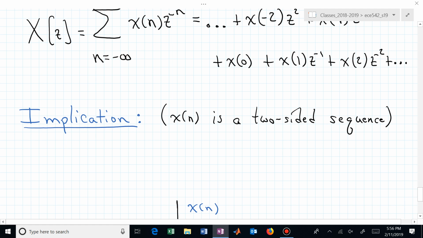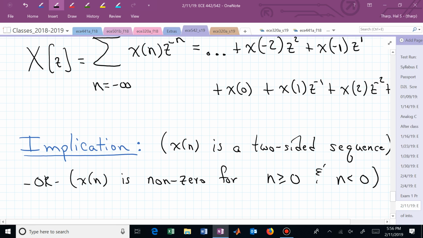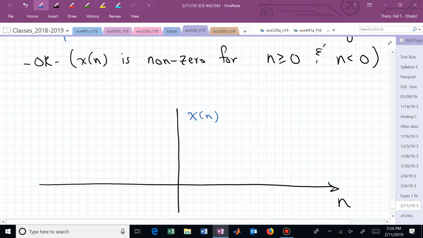sequence, or little x of n is non-zero for n non-negative and n negative. And if we wanted to sketch that, now we can just go crazy.